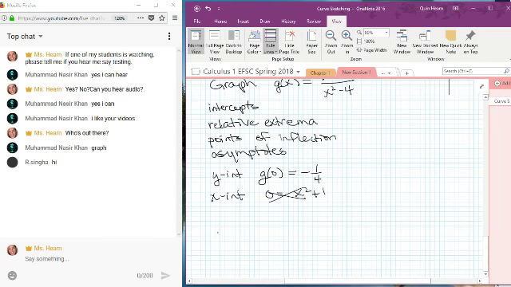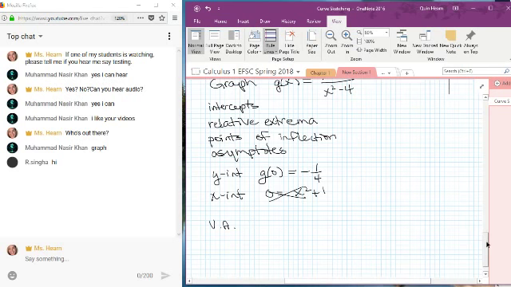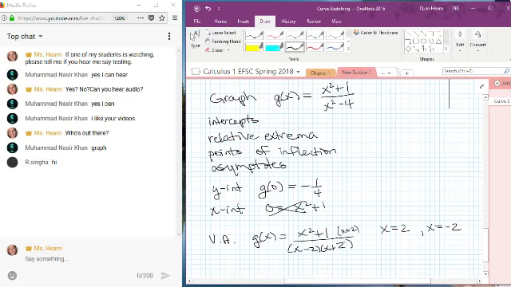So asymptotes. So vertical asymptotes of a rational function, a function that's a fraction, are going to occur whenever the denominator is 0 and the factor that causes it to be 0 is not also in the numerator. What that would indicate is that you have a hole in the graph at -2 rather than a vertical asymptote.